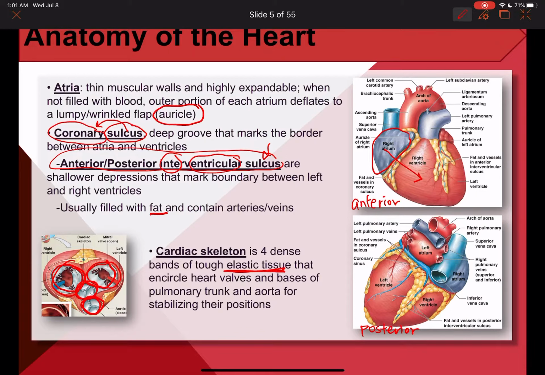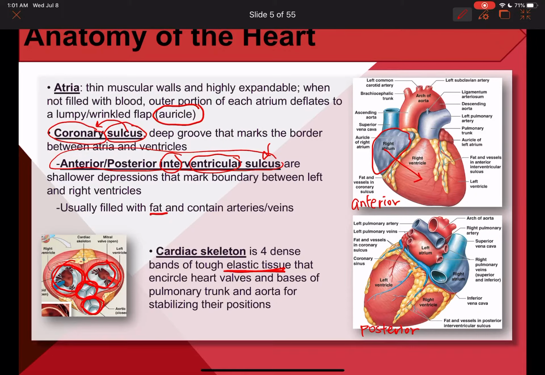And that's what the cardiac skeleton is kind of doing, supporting that connection between the aorta and the ventricles, especially because the heart is pushing with a lot of pressure through these great vessels that we want to make sure are well supported and don't collapse on each other. That's the main thing: we never want a blood vessel to collapse. Just like how we never want a water hose to be stepped on.